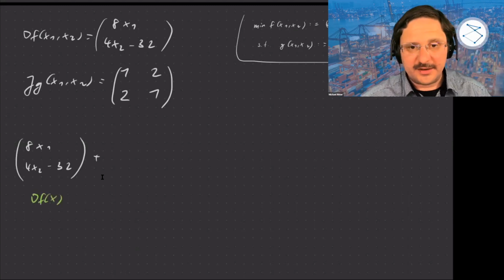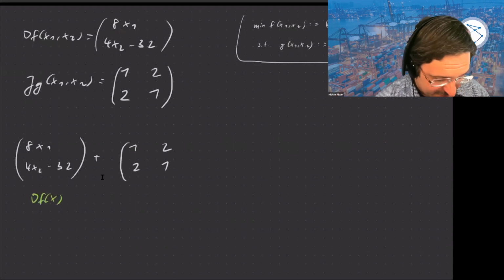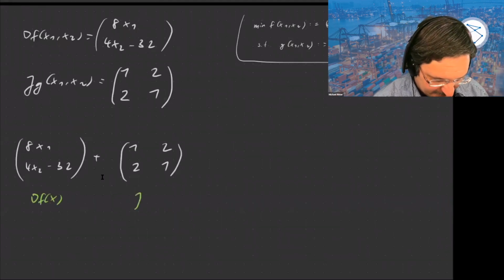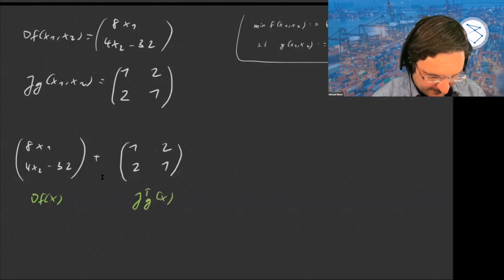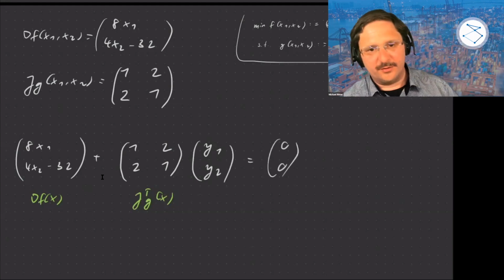Then we get the transposed Jacobian. So transposing this results in the same matrix in this case. It's a symmetric matrix. So this is the transposed Jacobian of g. And we need to multiply that by y1, y2. And that's supposed to be 0 and 0.